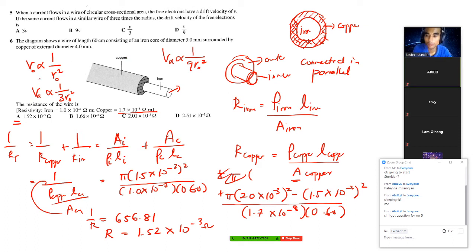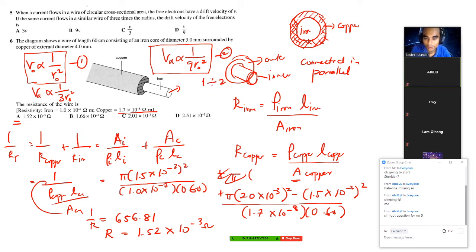Okay, so you have to compare V naught and V A. Can you divide both of them? This is the first equation, this is the second equation, 1 divided by 2.